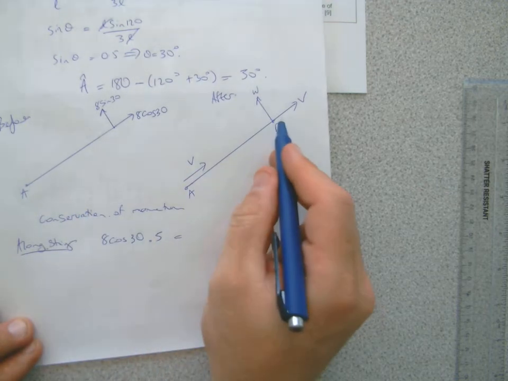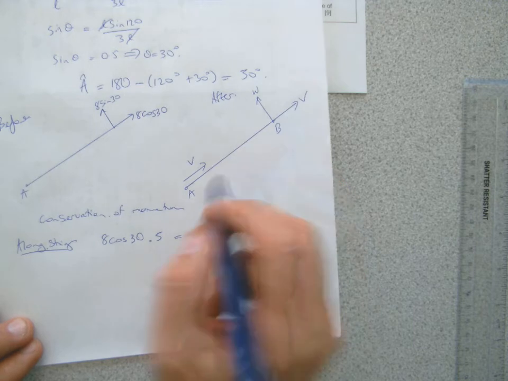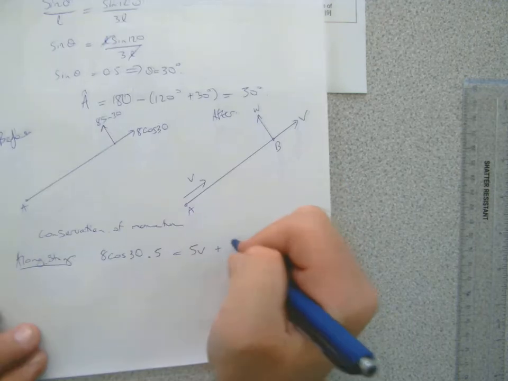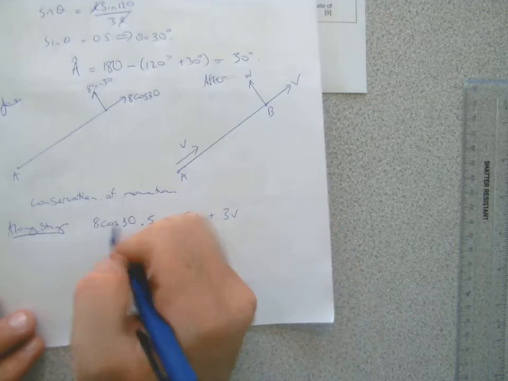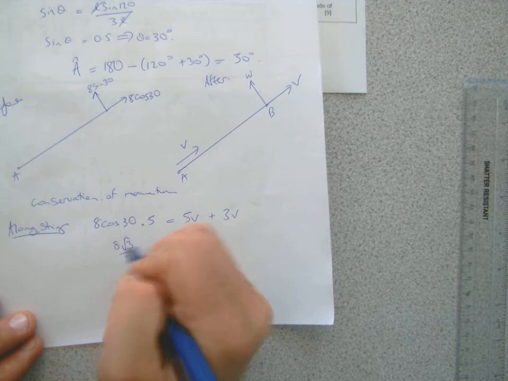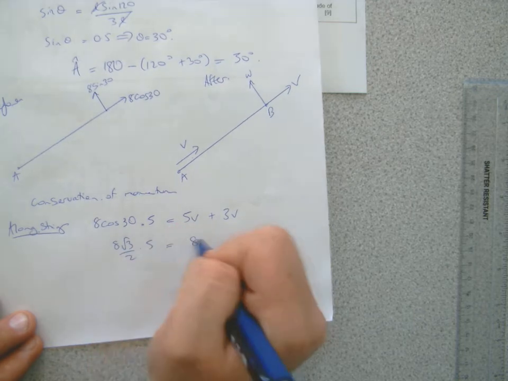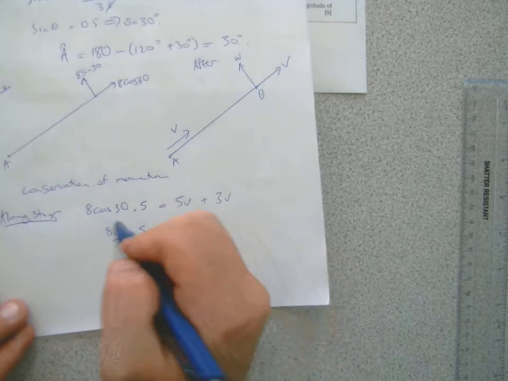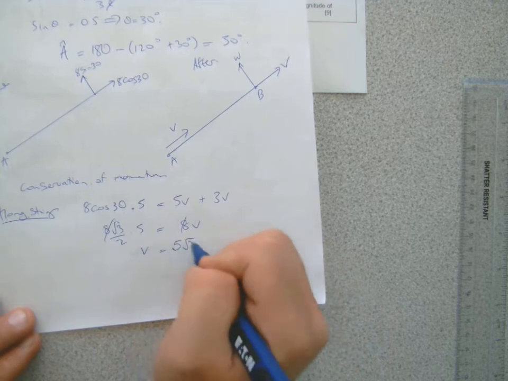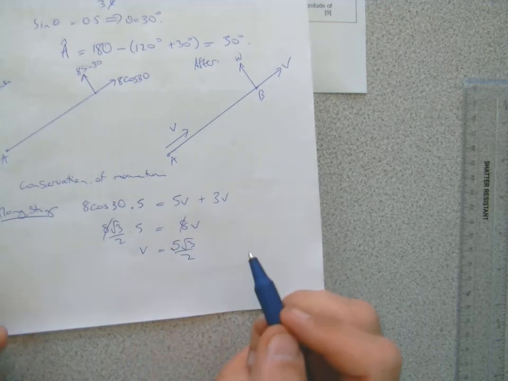A has none there, and then you've got the velocity after, so 5 times v, plus this one, which has mass 3, so 3 times v. So you have 8 cos 30, so 8 root 3 upon 2 times 5 equals 8v. The 8's will cancel, so we have v equals 5 root 3 upon 2.